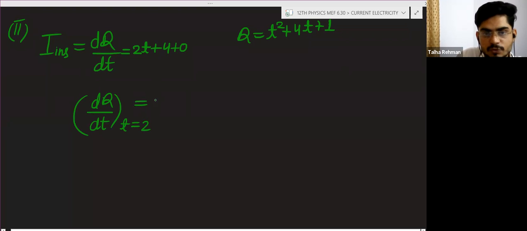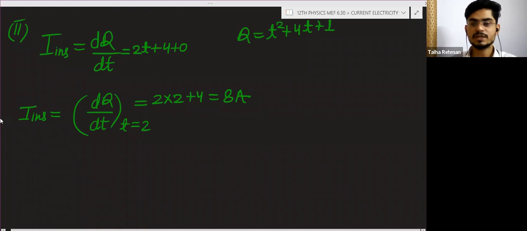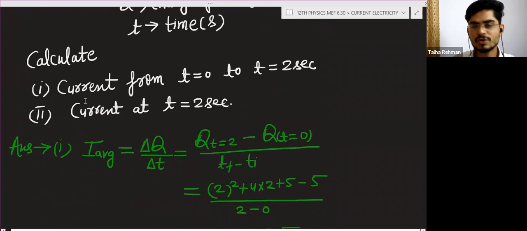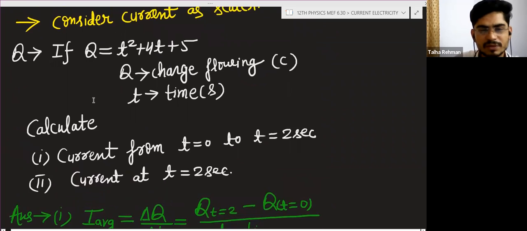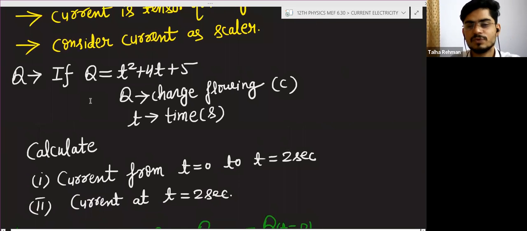Instead of t, you should put 2. So what is the answer? 8 ampere. So this is the instantaneous current. So in this way, you can solve the questions. For solving these kinds of questions, you just have to know the basics of differentiation.